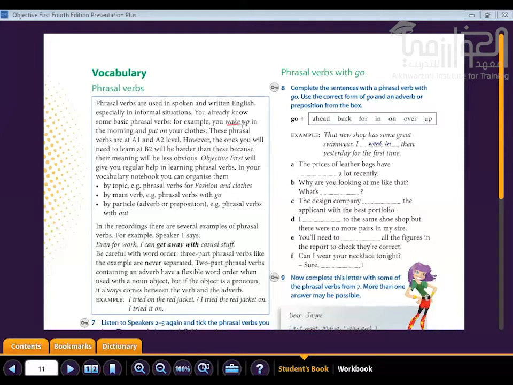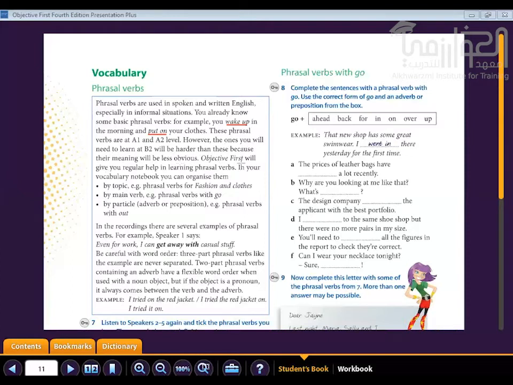Wake up in the morning and put on your clothes. These phrasal verbs are at A1 and A2 level. However, the ones you will need to learn at B2 will be harder than these because their meaning will be less obvious and their meaning will not be clear.